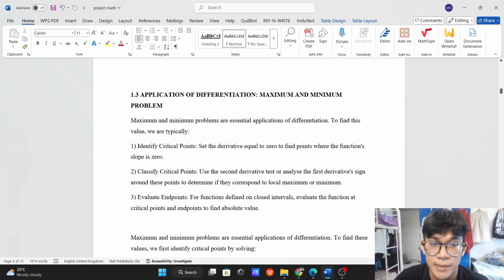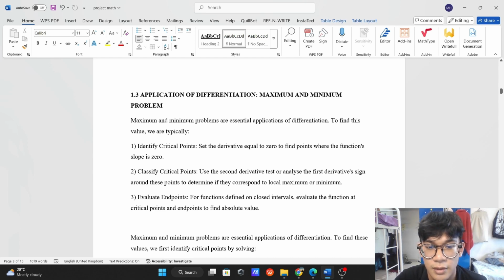1.3 Application of differentiation, maximum and minimum problem. Maximum and minimum problems are essential applications of differentiation. To find these values, we typically first identify critical points. Set the derivative equal to 0 to find points where the function's slope is 0. Second, classify critical points.